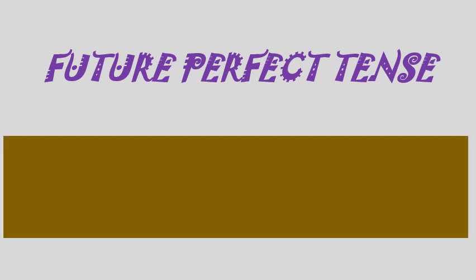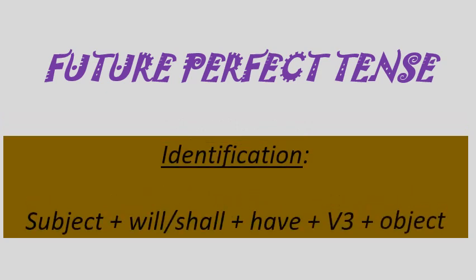Let's see the structure or identification of future perfect tense. Subject plus will or shall plus have plus third form of the verb plus object. In the perfect tense, whether it is future, present or past, we always use the third form of the verb instead of first and second.